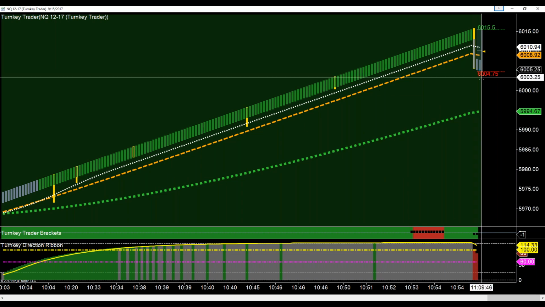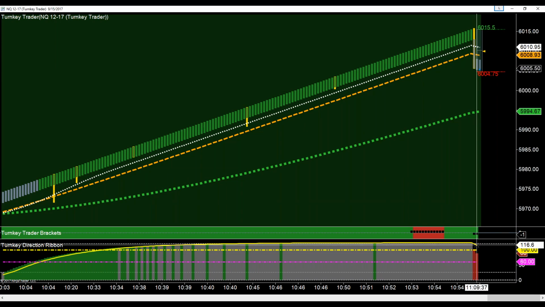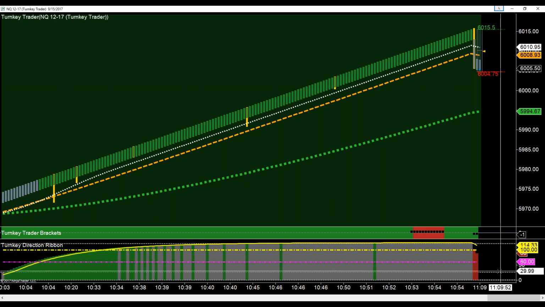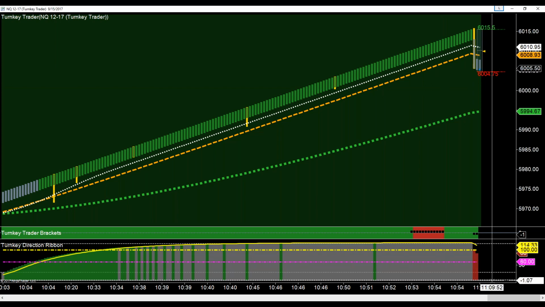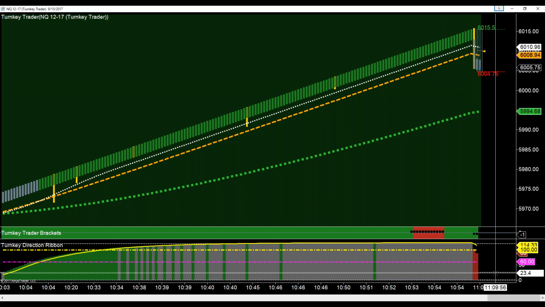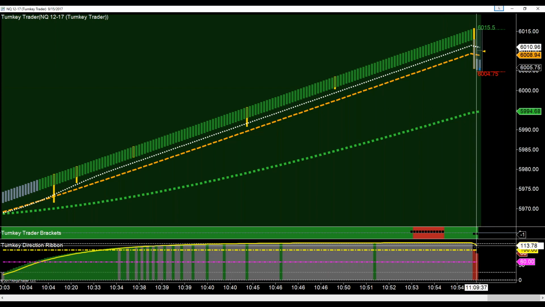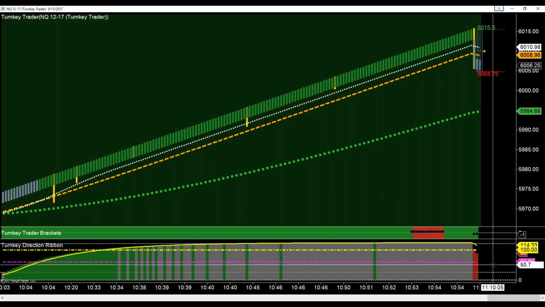So I actually want to see it come down a couple bars, and I really want to see this dip down all the way to the 25. That's where the bounces are strongest. But the way the market's been lately, if it dips down to about the 60 or within the 60, they seem pretty strong as well.